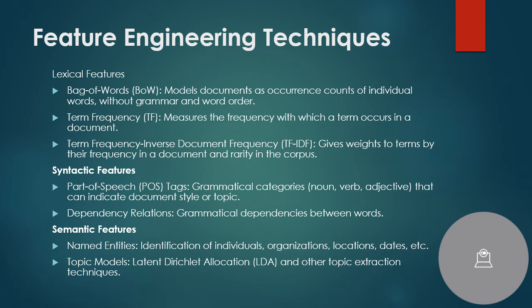Third, semantic features. Here we have named entities, identification of entities such as individuals, organizations, locations, and dates. Topic models, techniques like latent Dirichlet allocation, are used to extract topics from the documents.